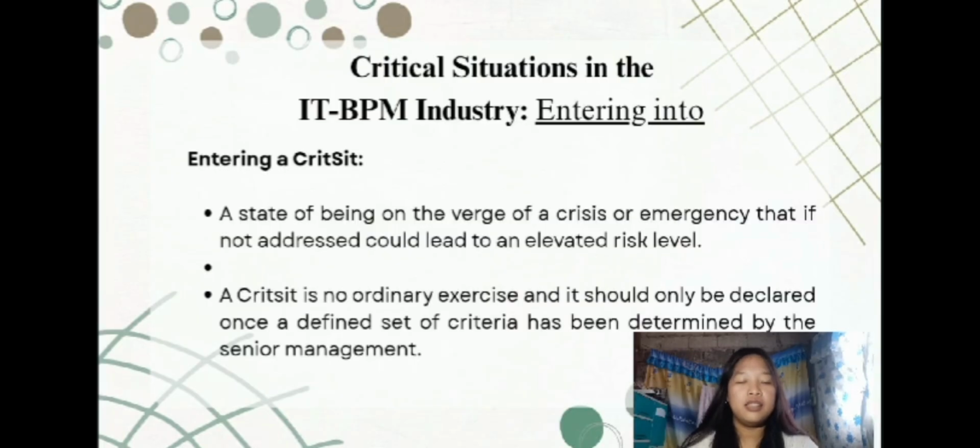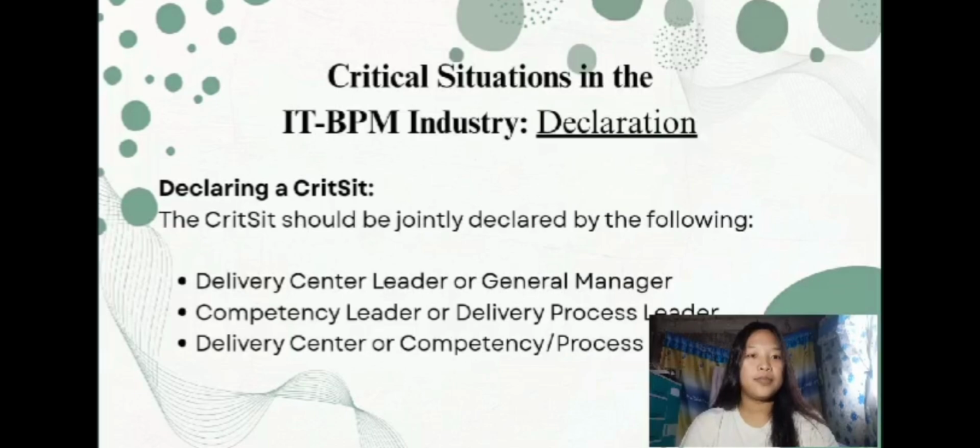In simple terms, it is about recognizing when a high-risk situation is becoming critical and needs immediate high-level attention to prevent further escalation. The slide specifies who should jointly declare a CRITSIT in the IT BPM industry: the Delivery Center Leader or General Manager, the Competency Leader or Delivery Process Leader, and the Delivery Center or Competency Process Quality Leader.